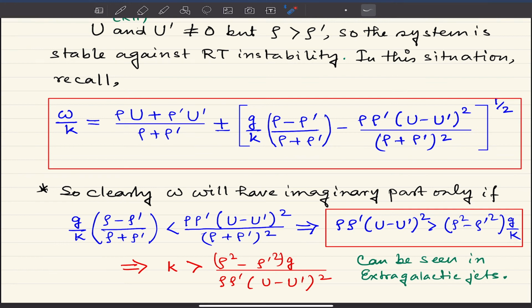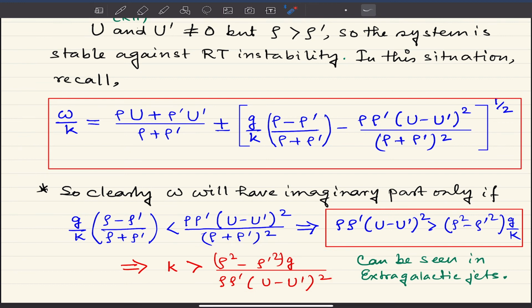Till now we did not have any k dependence in the criterion of the instability. Now we will have a k dependence. The k should be greater than (rho square minus rho prime square) times g by rho rho prime times (u minus u prime) square. So if my k is greater than this value, I will have a Kelvin-Helmholtz type of instability.